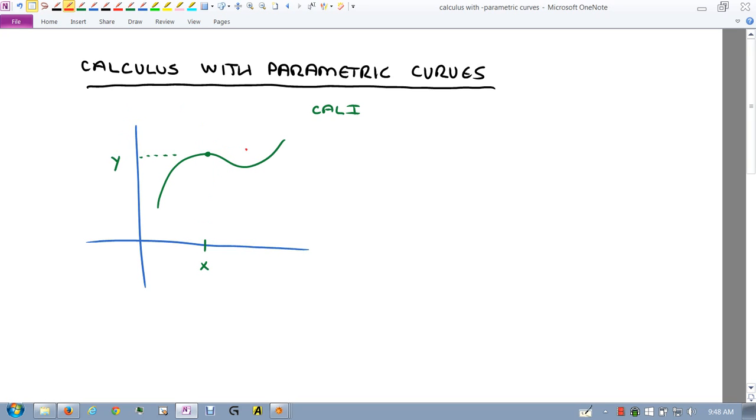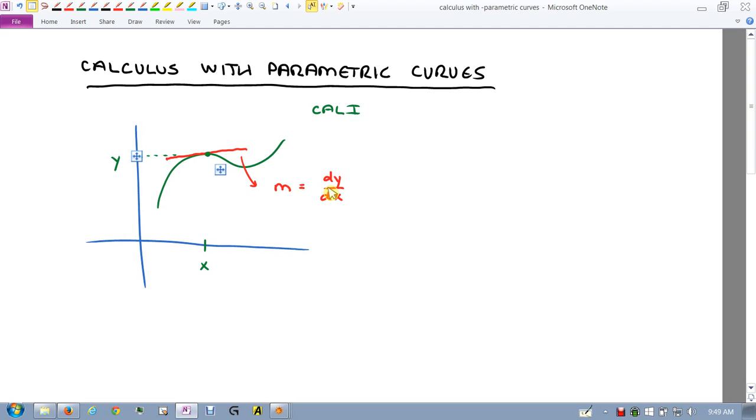And the slope of the tangent line here, that slope, m, was what we call dy/dx. It was the infinitesimal rate of change in y with respect to x, dy/dx, or y prime, right? That's what we called it.